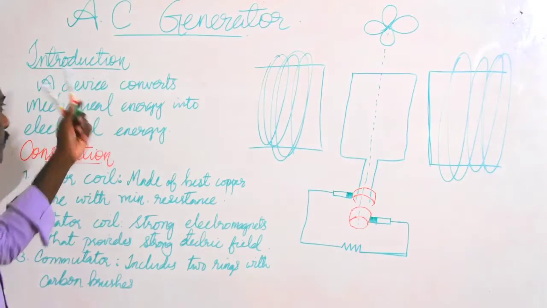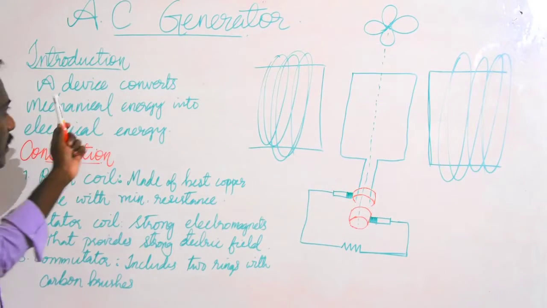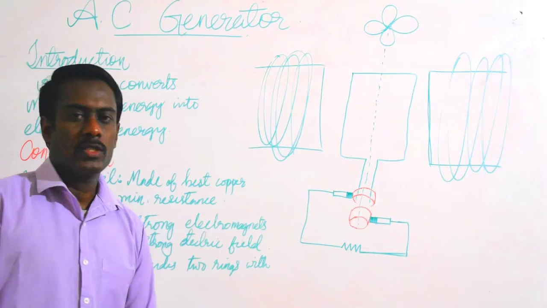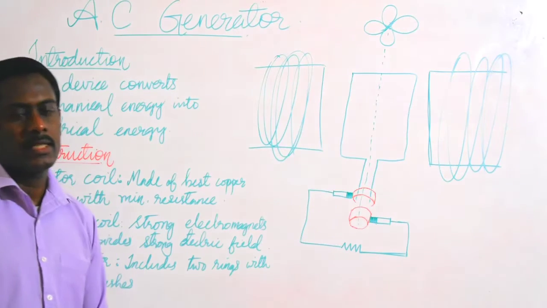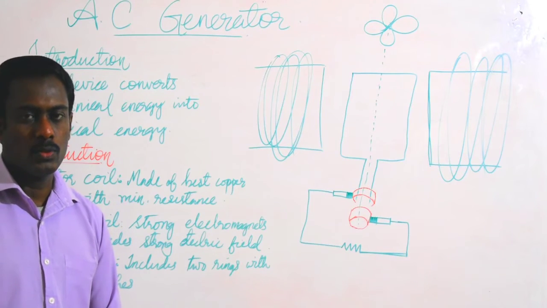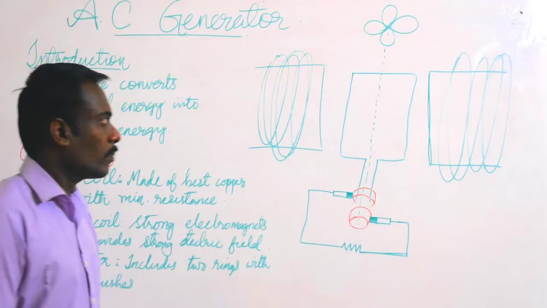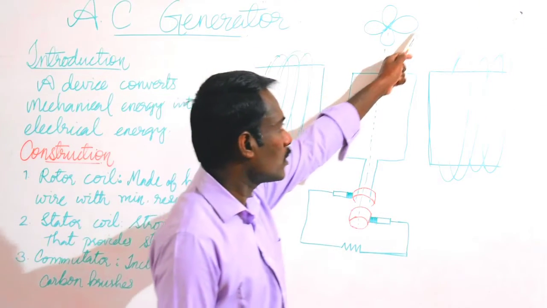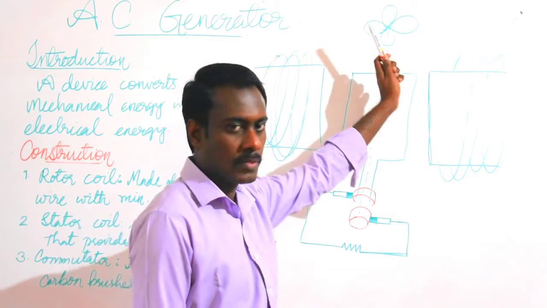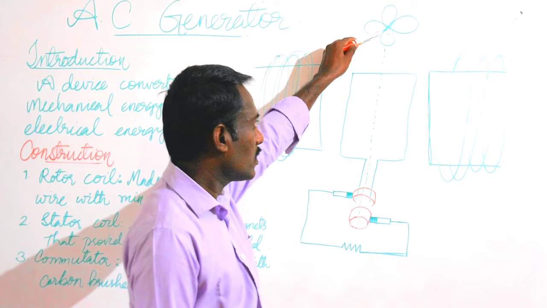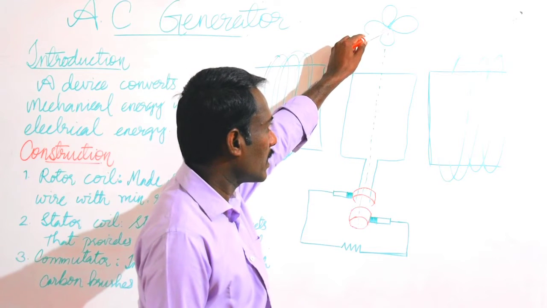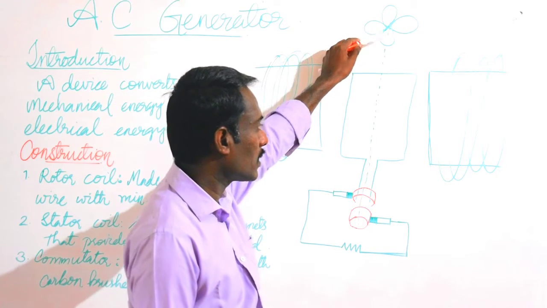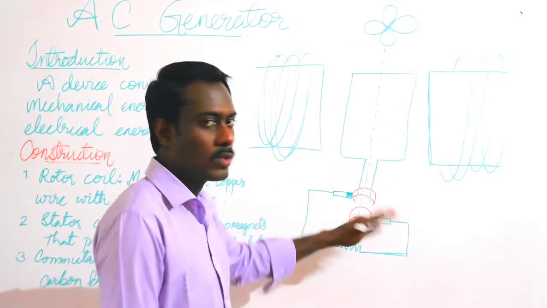As an introduction, an AC generator is a device that converts mechanical energy into electrical energy. We provide the mechanical energy by means of a turbine, and when this energy is provided, the turbine rotates and the entire system works.